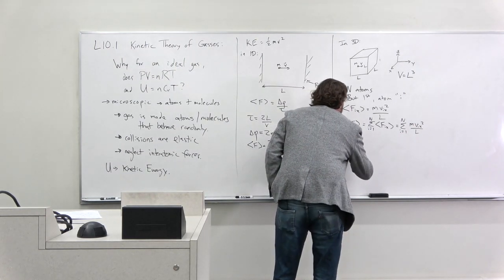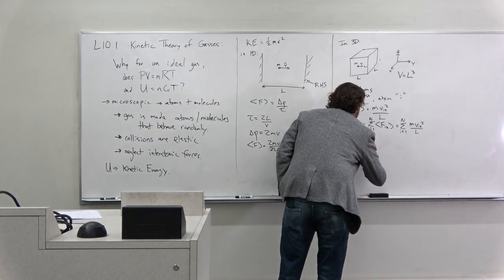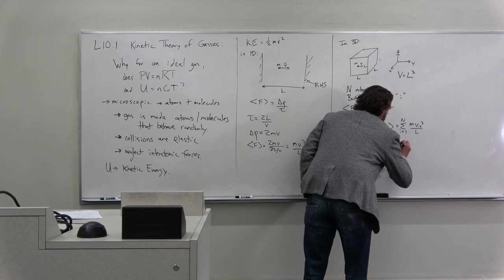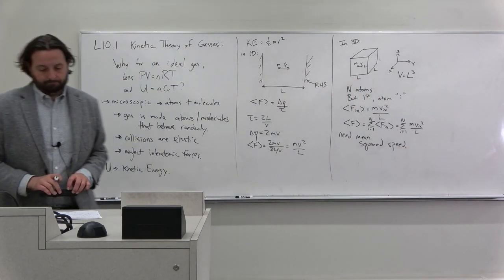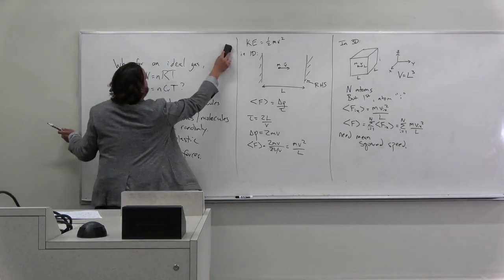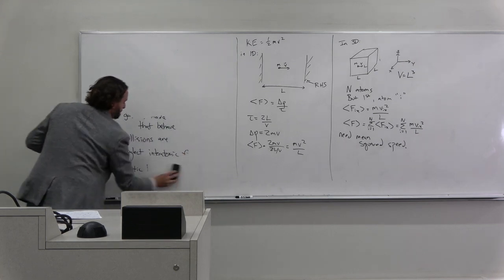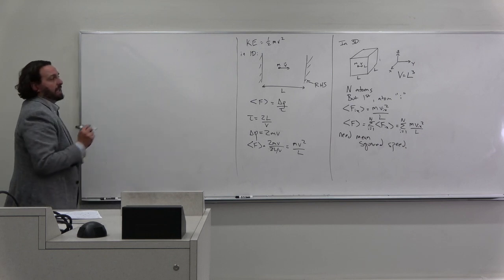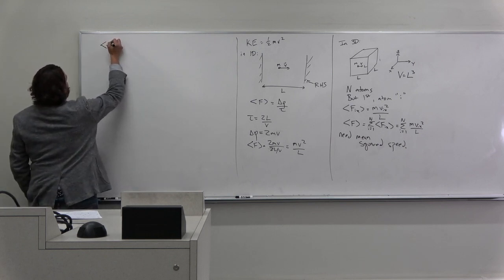So now I'm going to need a mean squared speed. So, what do I mean? This was a velocity, but for kinetic energy, all I care about is its speed.